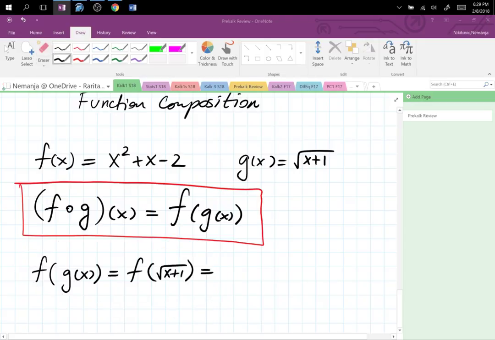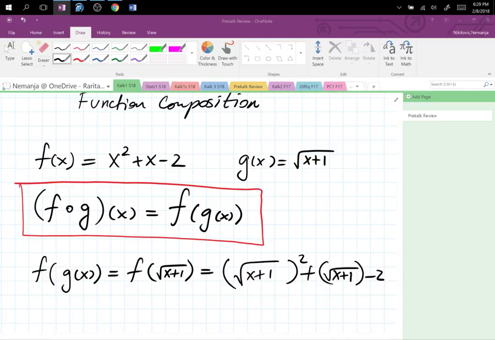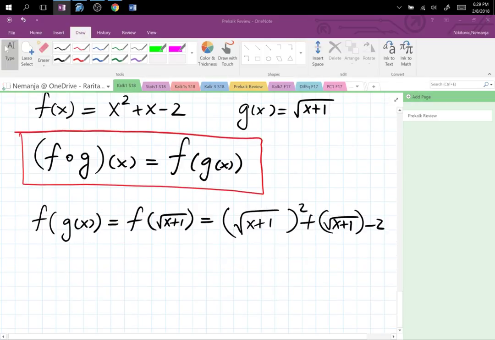Great. What is f? It's x squared plus x minus 2. Every x needs to be replaced by g, so square root of x plus 1 and square root of x plus 1. Get rid of unnecessary parentheses and perform algebra if you can.